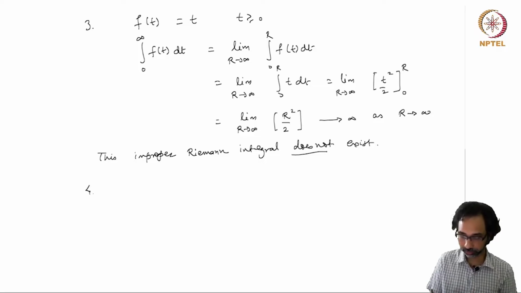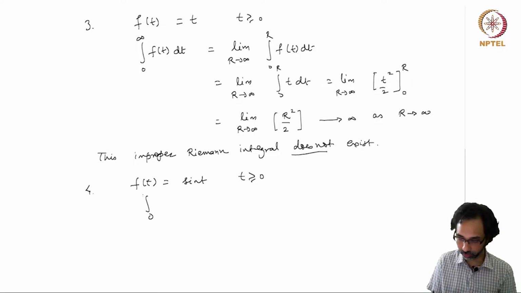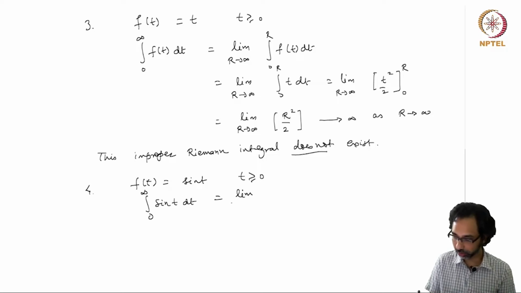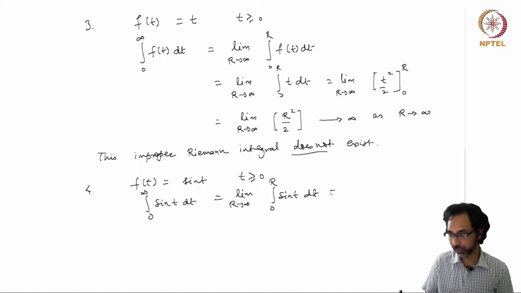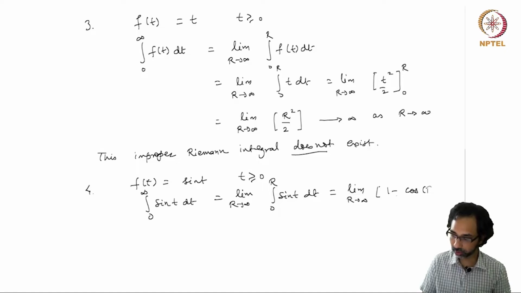Another example is f(t) equals sin t for t greater than or equal to 0. If you compute the integral from 0 to infinity of sin t dt, this is the limit as r goes to infinity of the integral from 0 to r of sin t dt, which gives 1 minus cos r.